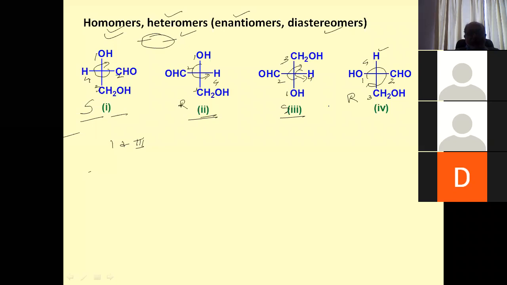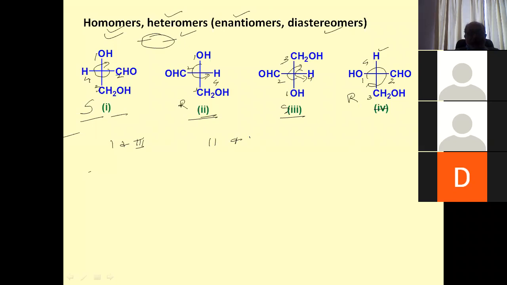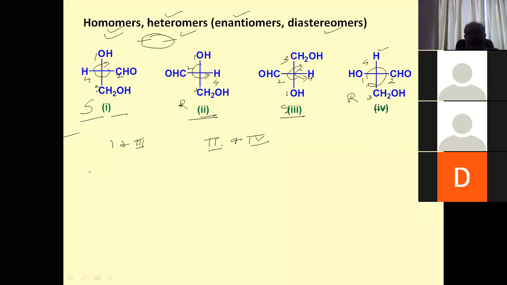And 2 and 4 are what? Homomers, because both of them are R.